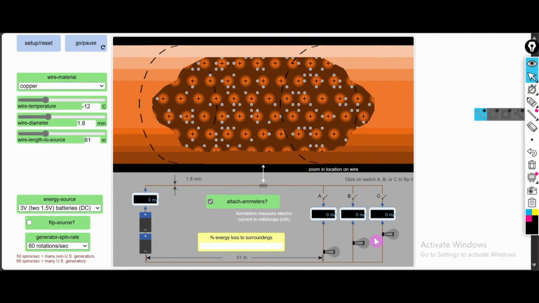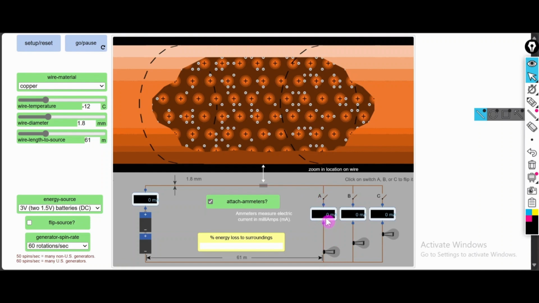Now this is the circuit for this simulation. In this circuit we have a battery. This is the ammeter attached, which will show us the current in milliamperes. This is further connected through this wire to the bulb here.